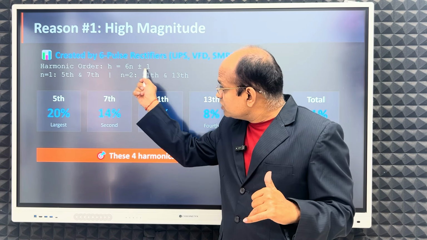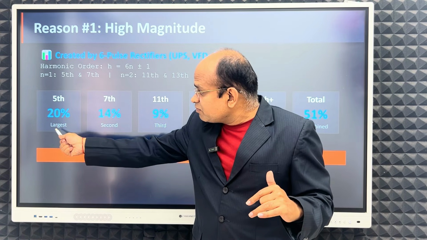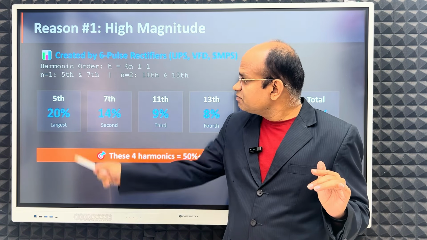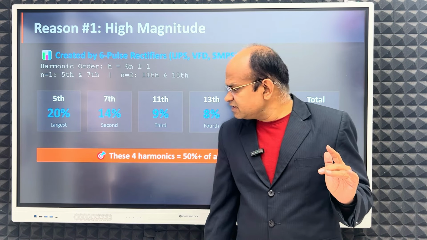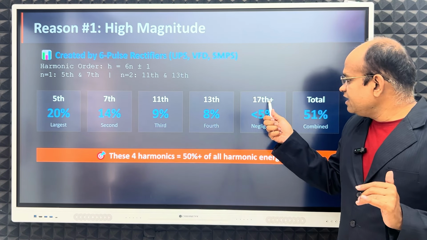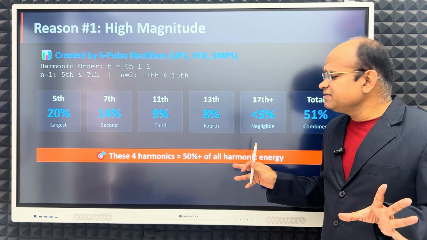Because of this Fourier series, 20% 5th harmonic is created by this 6-pulse rectifier. The 7th is 14%, the 11th is 9%, the 13th is 8%, and the 17th is less than 5%, which is negligible, we can neglect.